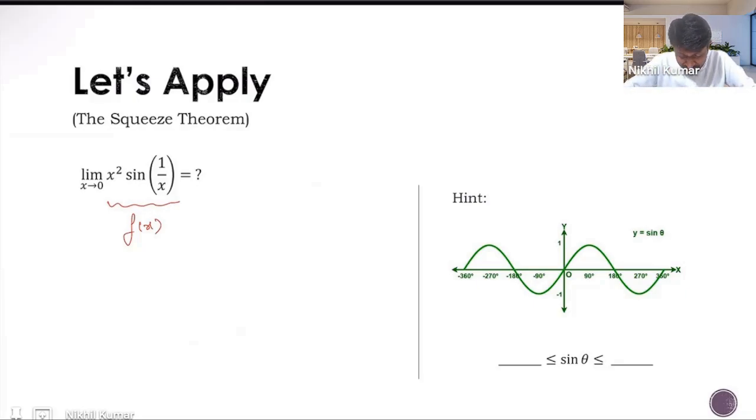Well, sine of 1 upon x. 1 upon x is a very, very large quantity. Sine of that quantity I cannot figure out because I do not know the value of my angle. If I don't know my angle, how can I figure out the sine of that angle?